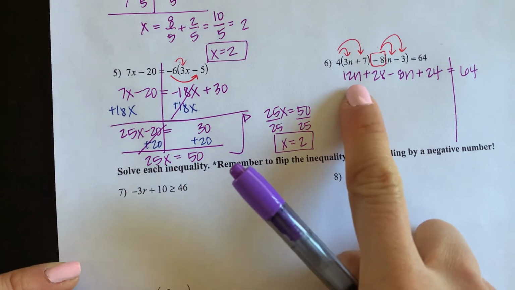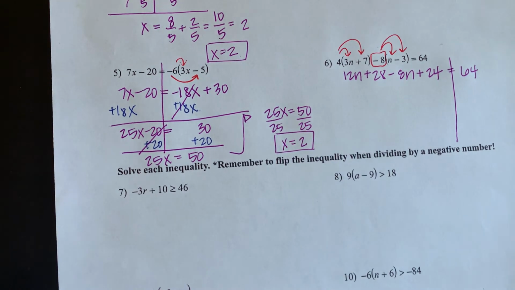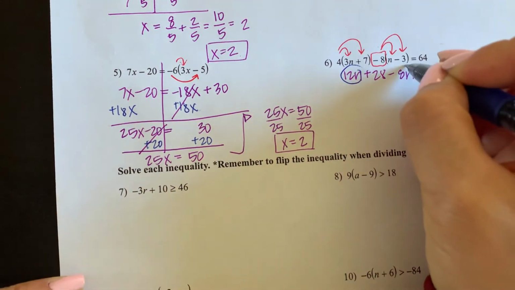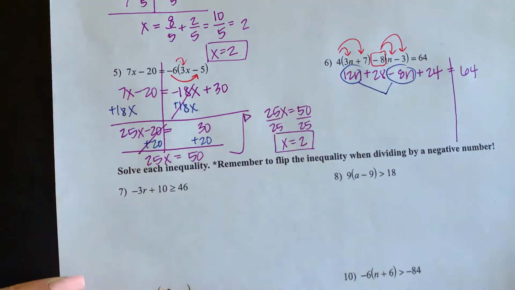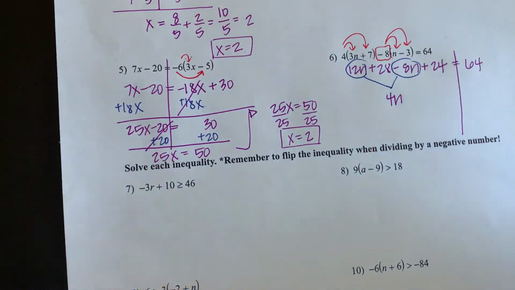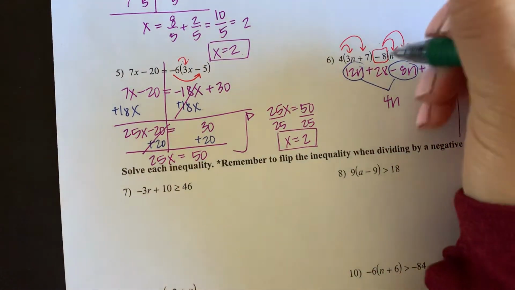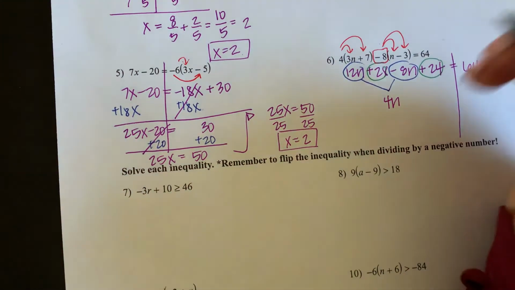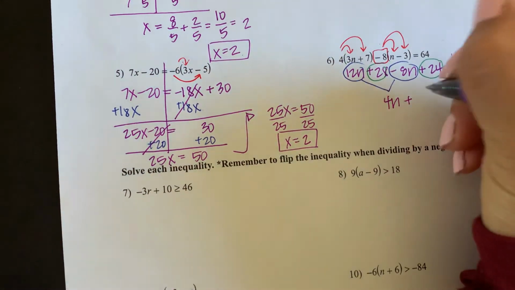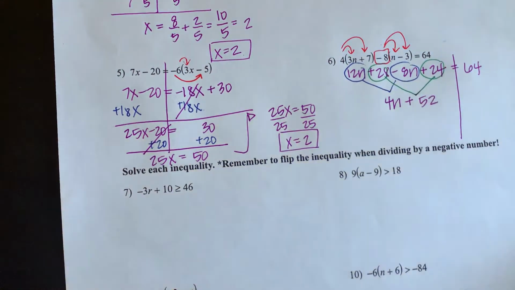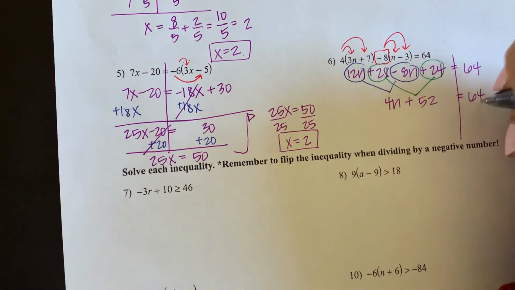Now there's a lot going on right here, so I'm going to go ahead and combine like terms. I have 12n minus 8n, which is 4n. And then I also have 28 plus 24, which is 52, equals 64.